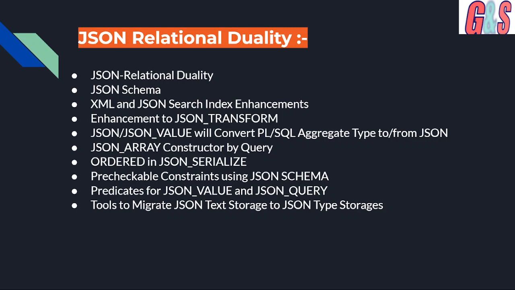Enhancement to JSON_TRANSFORM. JSON_TRANSFORM is extended to support right hand side path expressions, nested paths, and arithmetic operations. A sort operator is supported which allows sorting the elements in an array.